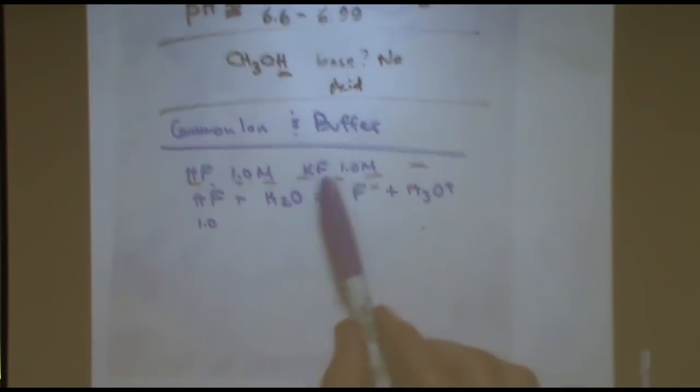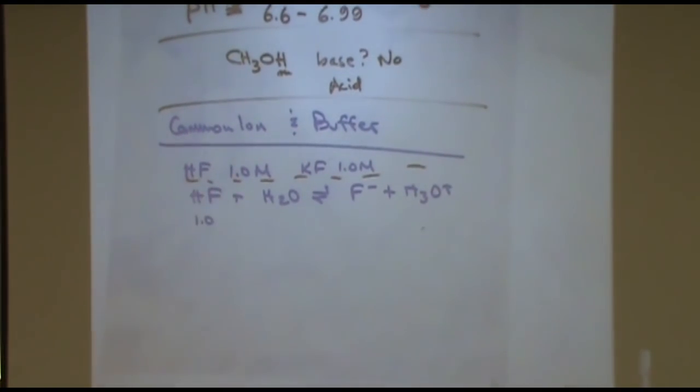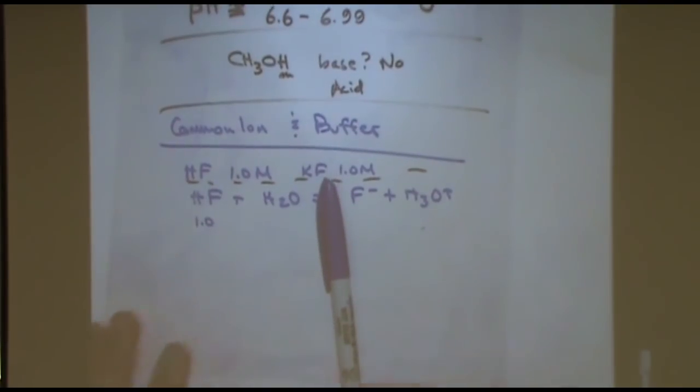If I had HF first, and then I add KF, what will happen to the pH? Go up, down, or stay the same? It'll go up. Why? I'm adding a base. So when I'm adding the base, the pH better go up, because that's what bases do. They raise the pH. If I add an acid, the pH would go down. That's pretty much what happens when you add a common ion.